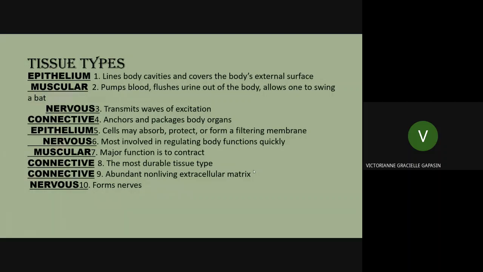Here we have different tissue types. Number 1, lines the body cavities and covers the body's external surface. Its tissue type is epithelium. Number 2, pumps blood, flushes out urine of the body, allows one to swing a bat. Muscular.